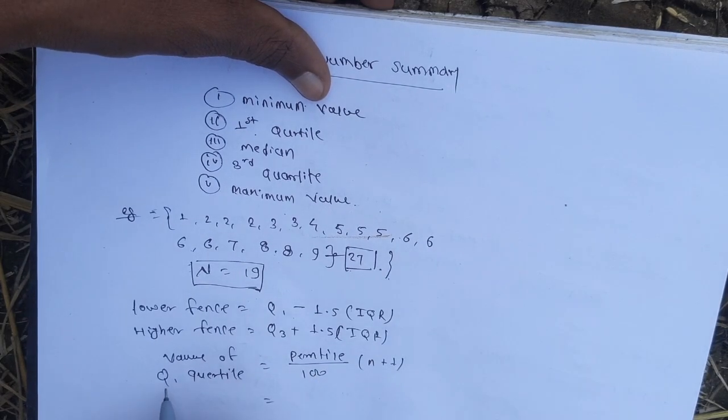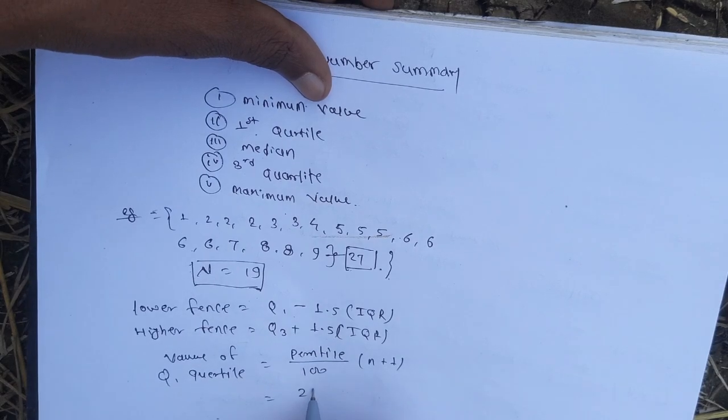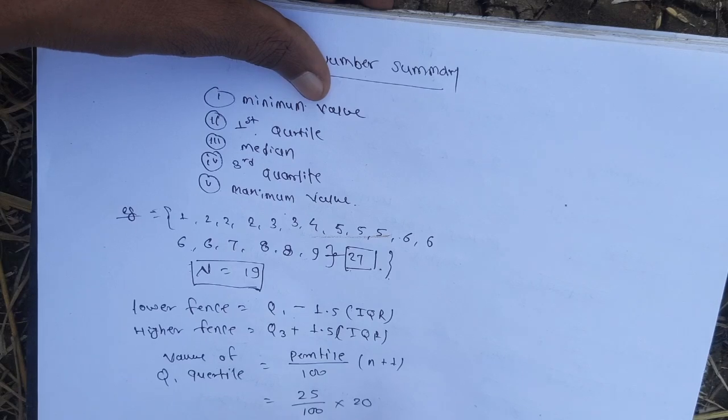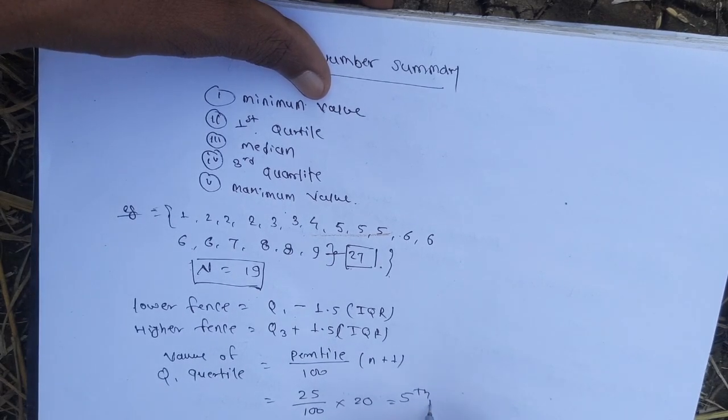What is the percentile of the first quartile? It is nothing but 25 divided by 100 into 20. So the final answer is the fifth position.